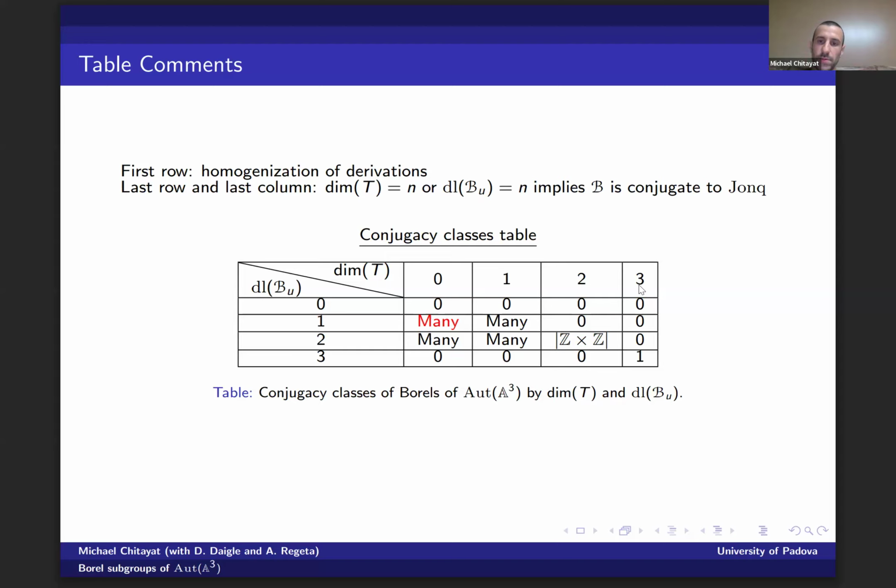And so in each of these cases, the only possibility where the dimension of your torus is 3 or the derived length of your unipotent part is 3 is that your Borel subgroup in fact is conjugate to Jonc. So that explains this one over here in the bottom right corner and the zeros on the last column and the zeros in the last row.